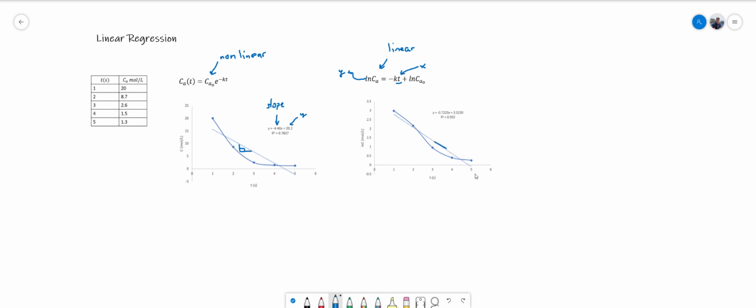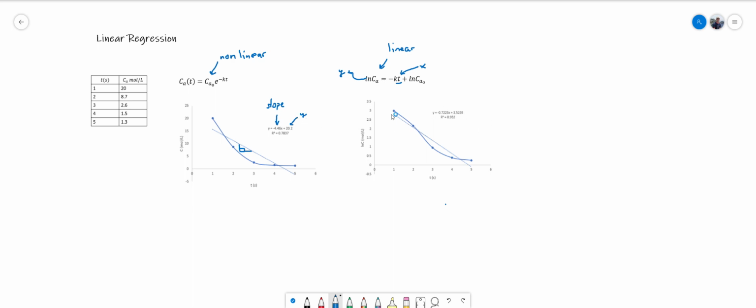Now I draw a best fit line for our new data and I get a new equation, where y is equal to negative 0.72x plus 3.52. It still means the same thing.